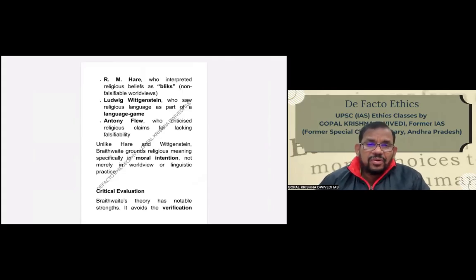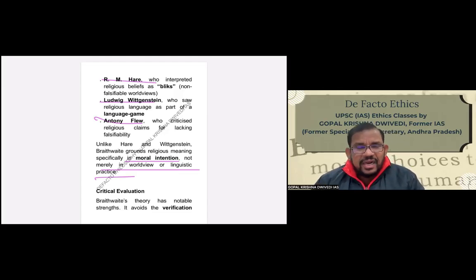Anthony Flew criticized religious claims for lacking falsifiability. So you can make comparisons with these three philosophers. Unlike Hare and Wittgenstein, Braithwaite grounds religious meaning specifically in moral intention, not merely in worldview or linguistic practice. So there is a difference also.